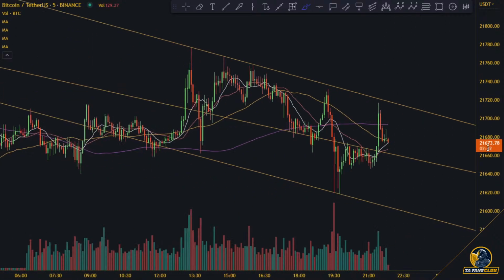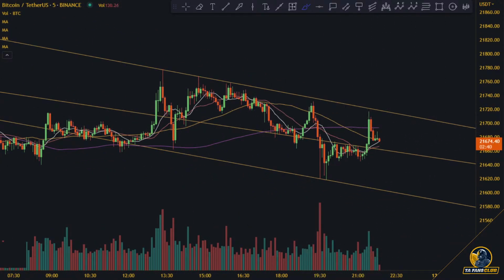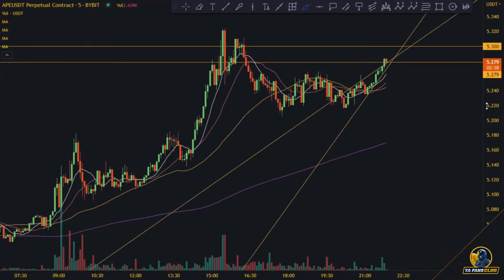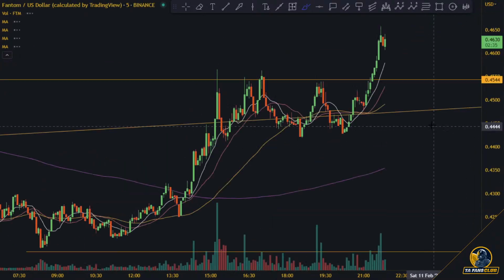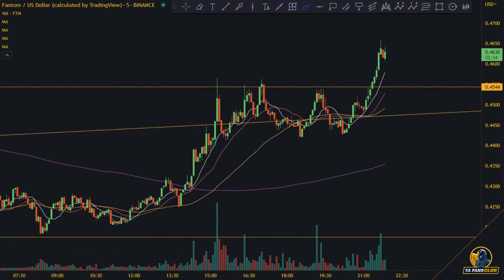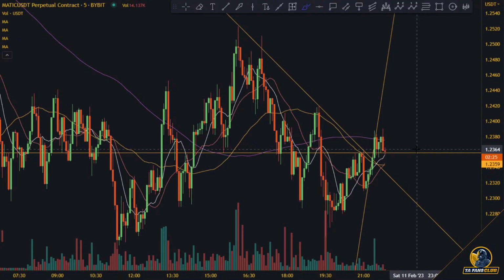But if Bitcoin pulls back, and Bitcoin hit resistance up here, so there is no reason for this thing to continue pumping. I mean, Phantom, what did Phantom do? Even Phantom is at some kind of top, and everybody started FOMOing into coins. So once people start FOMOing into coins, that means the range is reached.